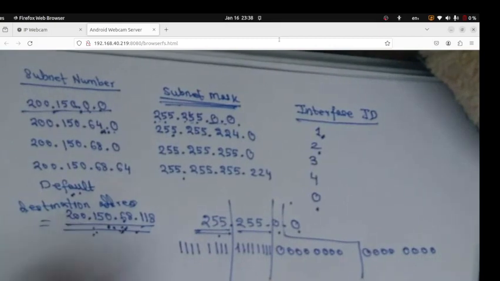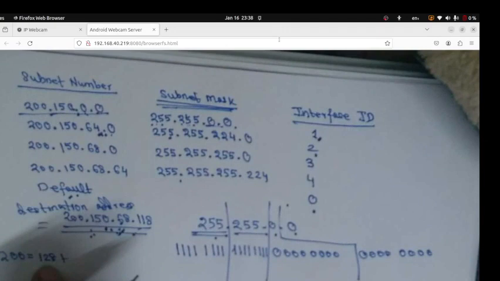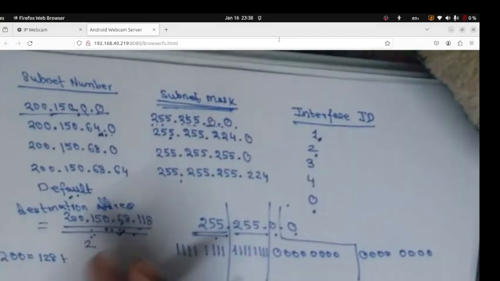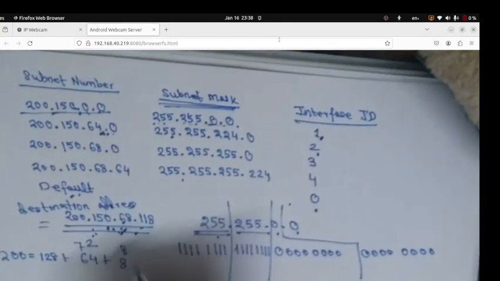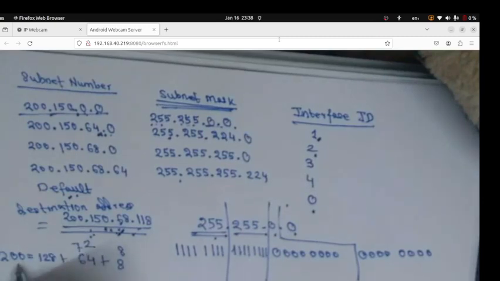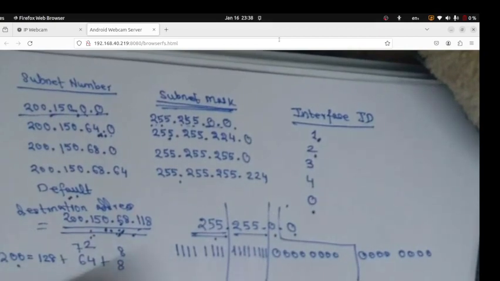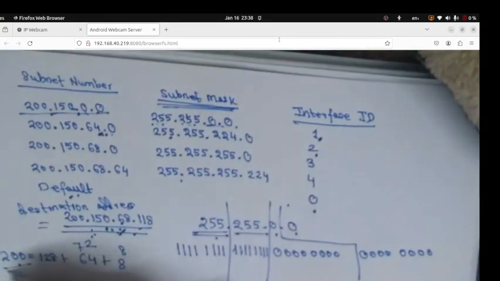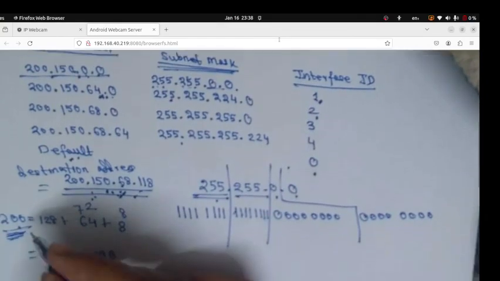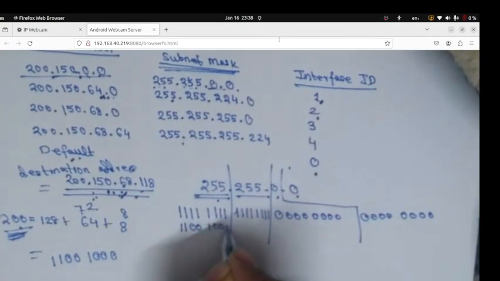If we convert 200 into binary, 128 is the maximum power of 2, then the remaining is 72, then 64 is the maximum power of 2, then 8 remains, and 8 is a power of 2. Using 1, 2, 4, 8, 16, 32, 64, 128, the binary equivalent of the leftmost octet is 1 1 0 0 1 0 0 0.